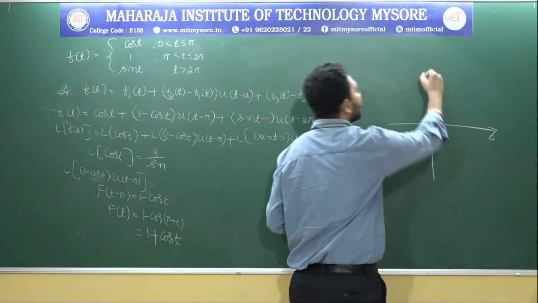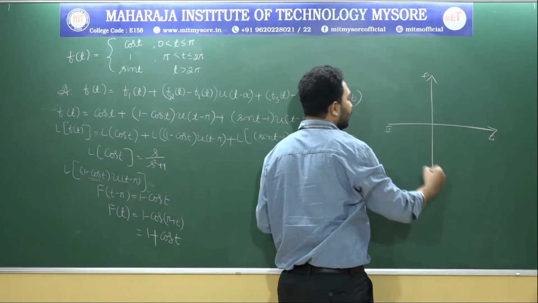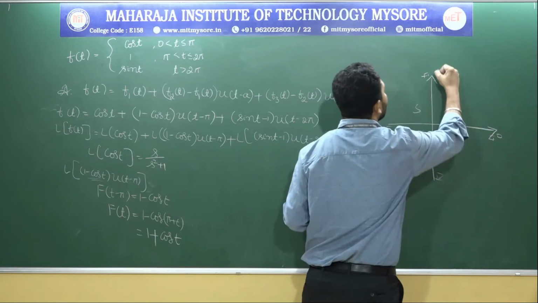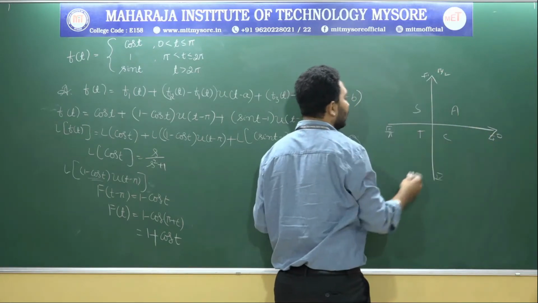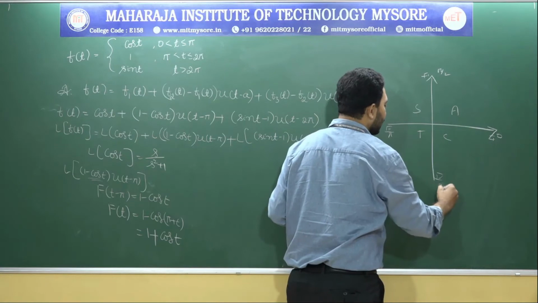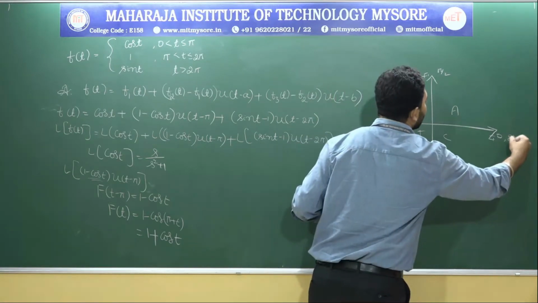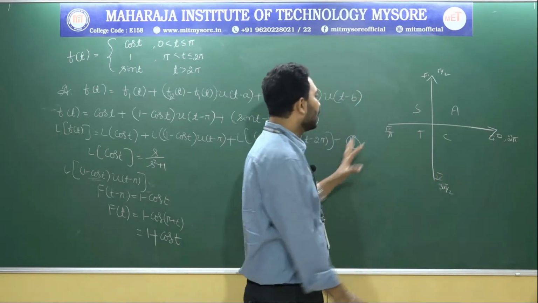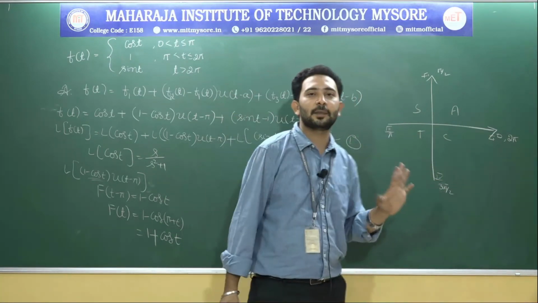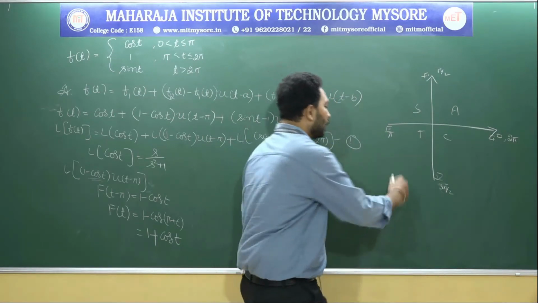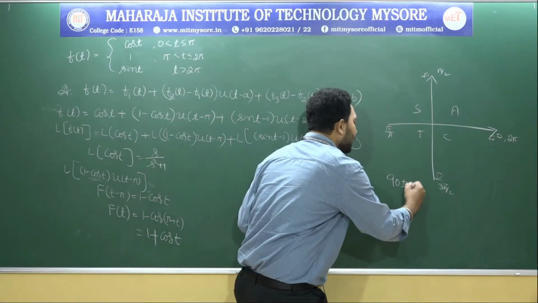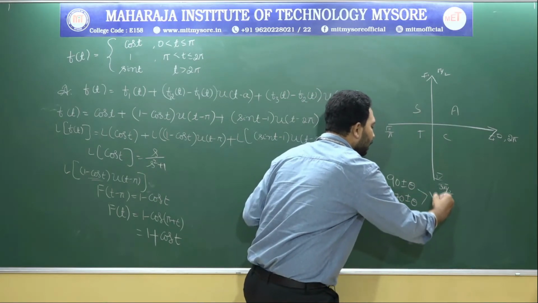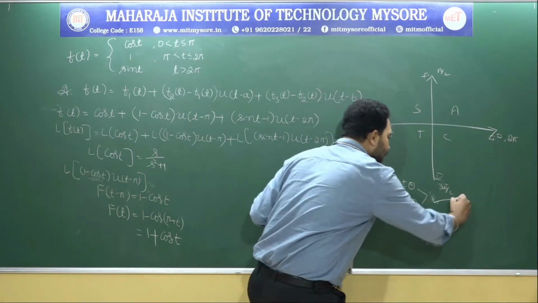So first quadrant, second quadrant, third quadrant, fourth quadrant: A, S, T, C, with 0, pi by 2, pi (180 degrees), 270, 3 pi by 2 and 2 pi. To get cos of 180 plus theta, see here: for 90 plus or minus theta and 270 plus or minus theta, the function will change.